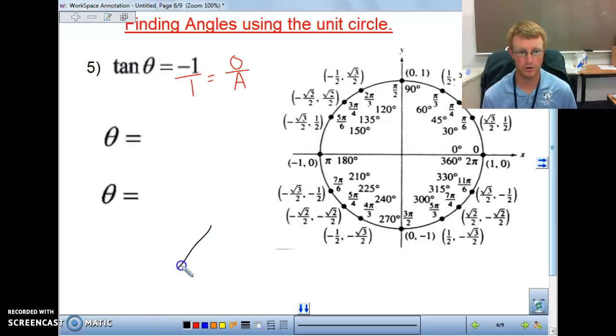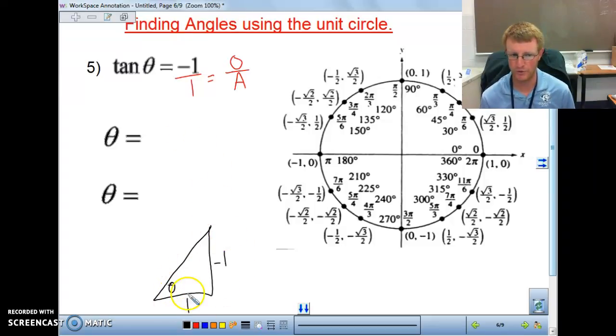So we're going to draw our triangle, put our theta in there, and because our opposite is -1 and our adjacent is +1, what you may not be familiar with is that if we have the same legs on a triangle, even though that doesn't look completely like a special right triangle, just understand that this triangle and this triangle are the exact same triangles.